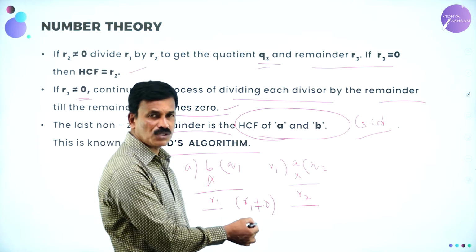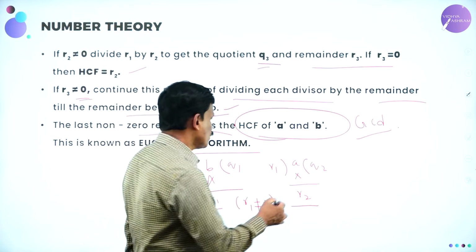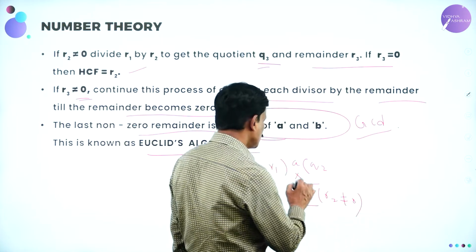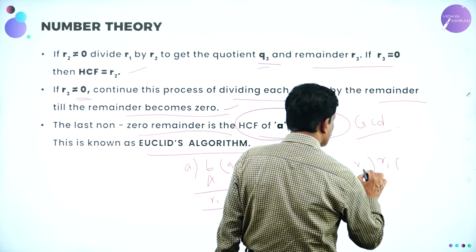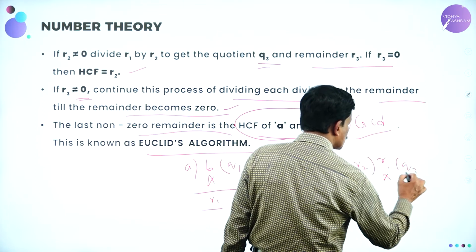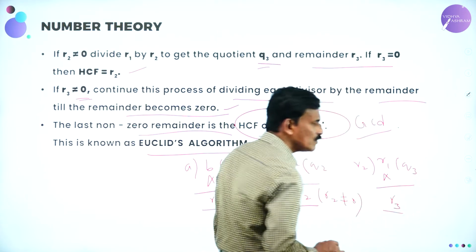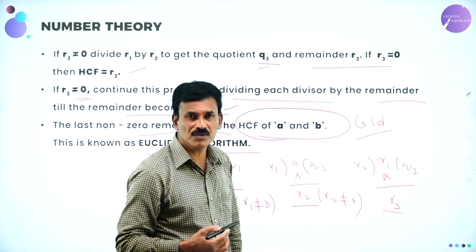If R2 is equal to 0, then R1 is the GCD or HCF. If R2 is not equal to 0, again divide R1 by R2 and you will get Q3 as the quotient and R3 as the remainder. If R3 is equal to 0, then R2 is the greatest common divisor.